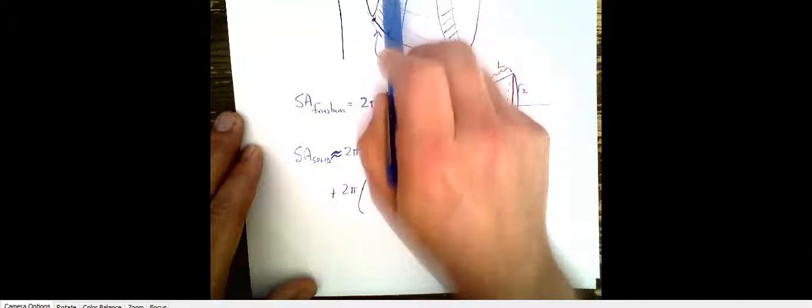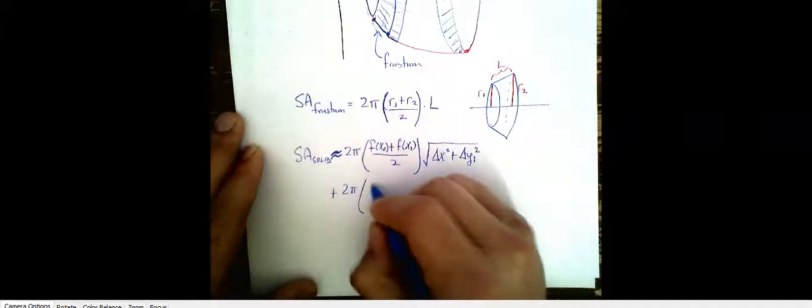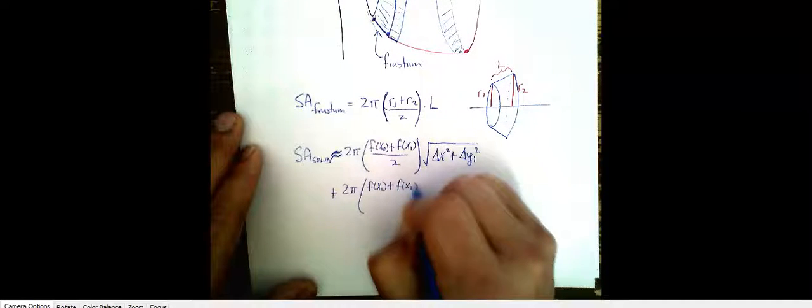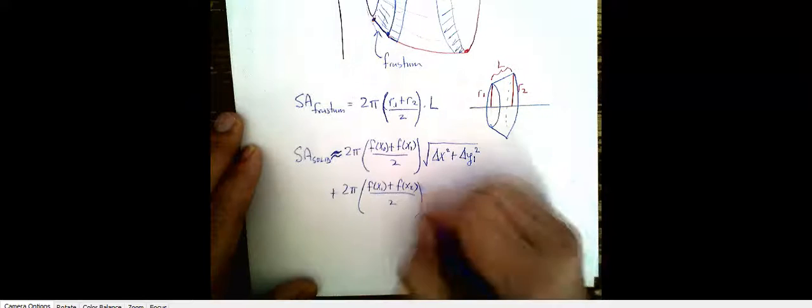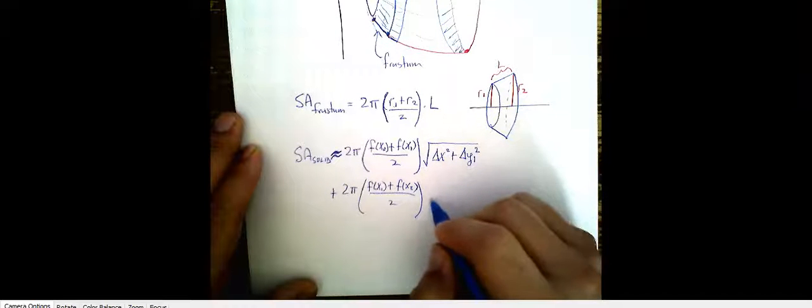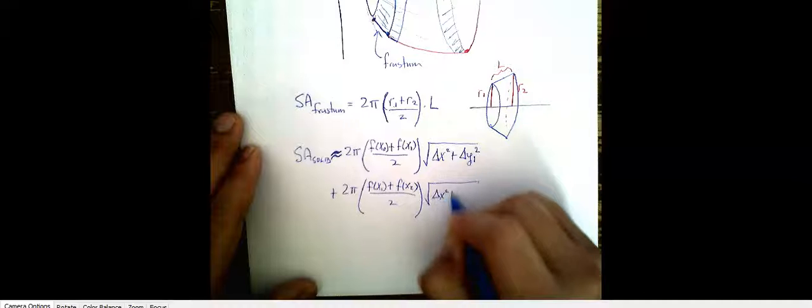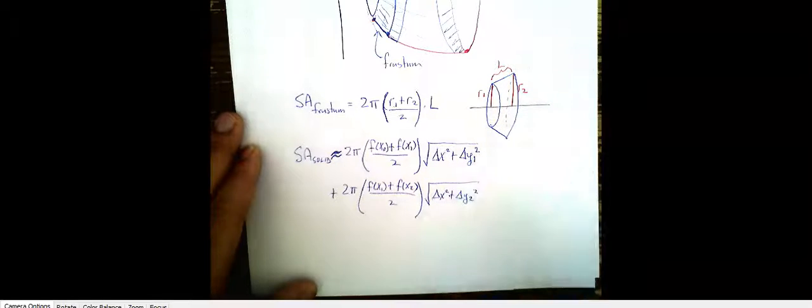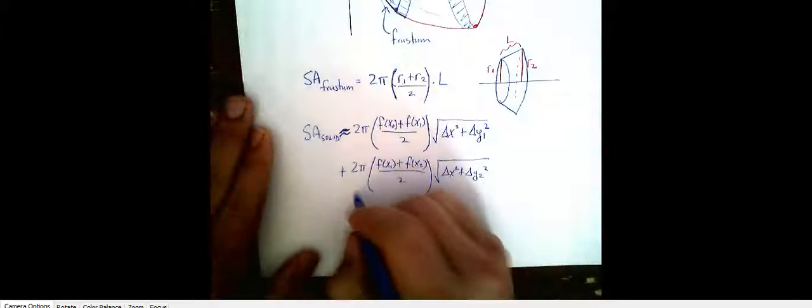Now, if we look at the second frustum, our previous R2 is now the new R1, right? So this would be (f(x1) + f(x2))/2 times the square root of delta x squared plus delta y2 squared, and so on and so forth, right?